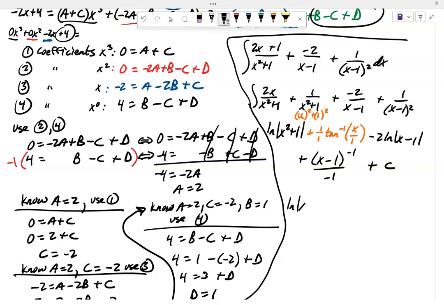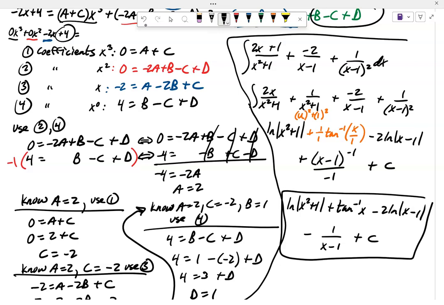So we got the natural log of x squared plus 1 plus the arctangent of x minus 2 natural log of x minus 1 minus 1 over x minus 1. There it is.